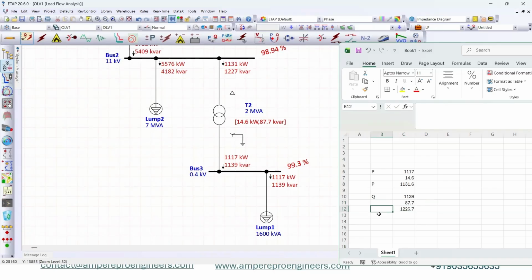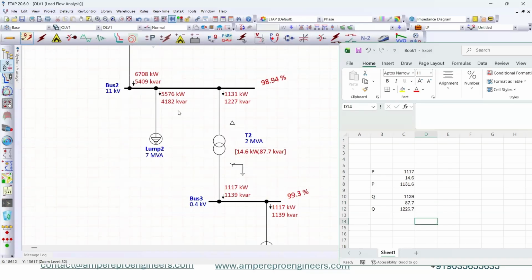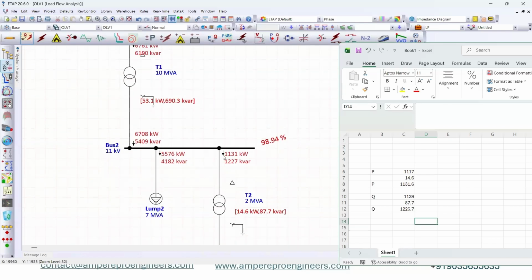So this is our final reactive power requirement from the grid. Now if you go slowly up and sum it up, this one and there is one 5576. If you sum it up, 6707.6, which is 6708. It is coming, right.